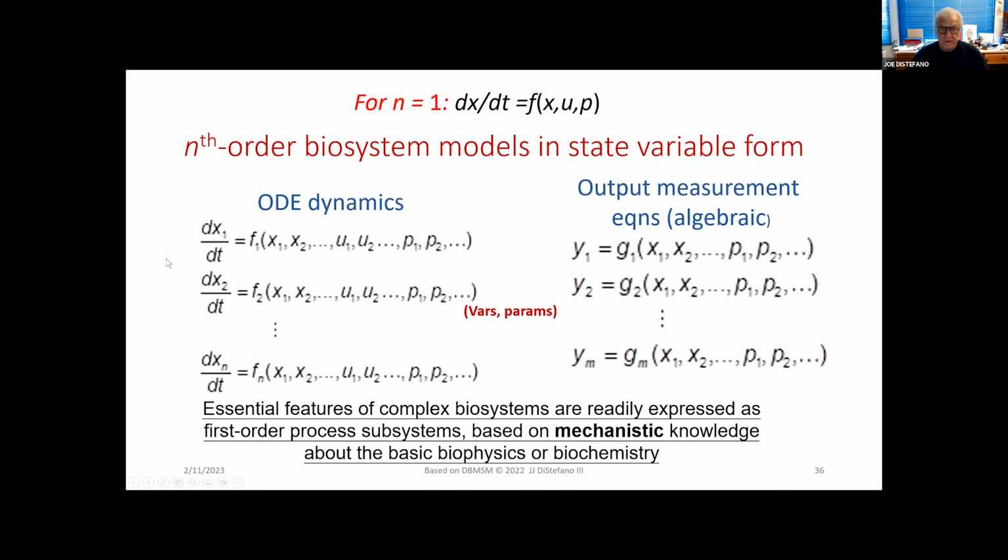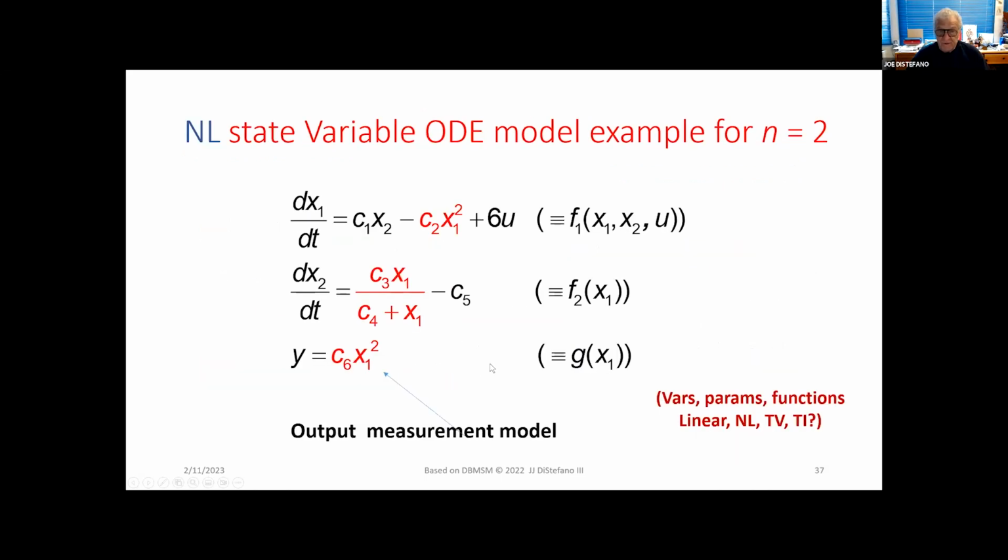And here showing them, we're going to make equations that generally look like this, but more specifically look like this when we put them together. So this is 2 differential equations, 2 state variables with some nonlinear terms in it, and an output measurement model.